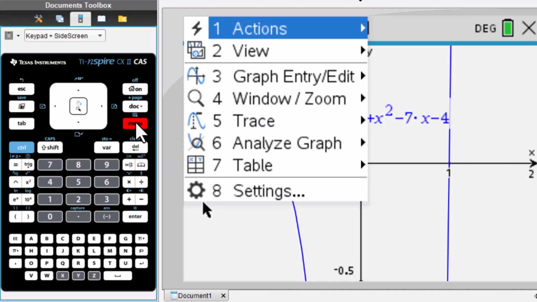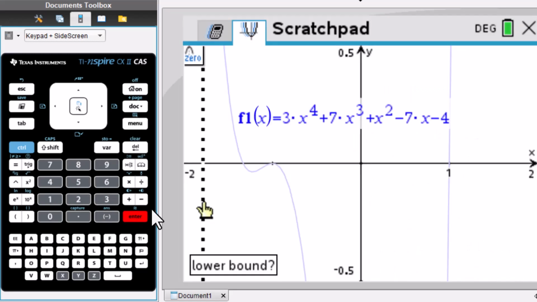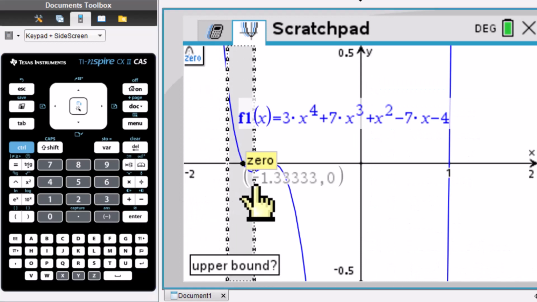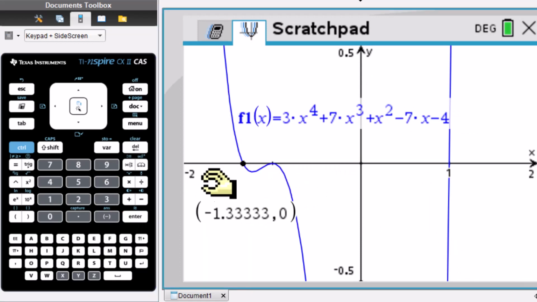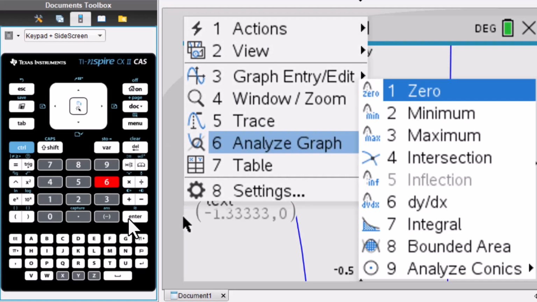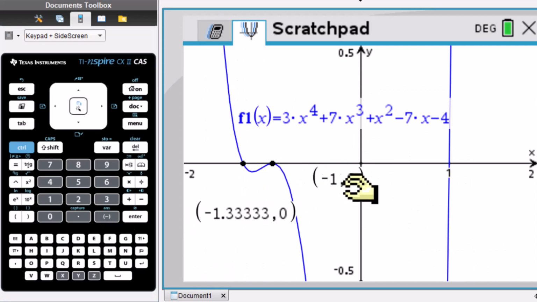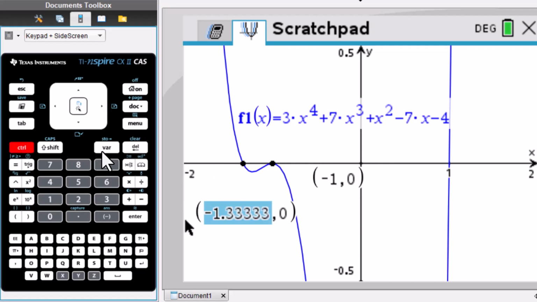This time, go to menu, 6, 0. Menu again, 6, enter. Negative 1 is the root. Highlight, control variable.